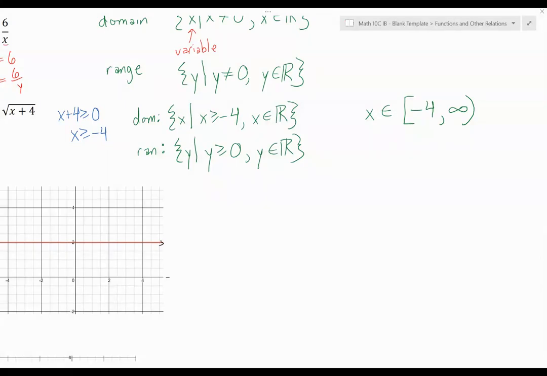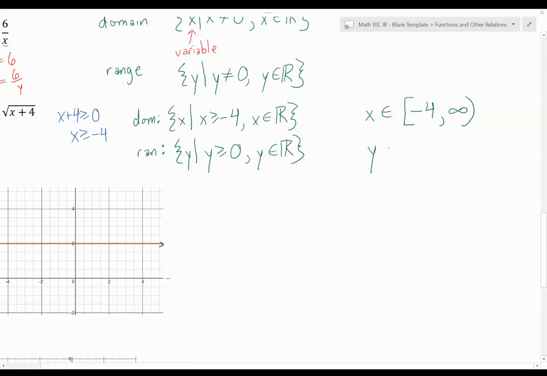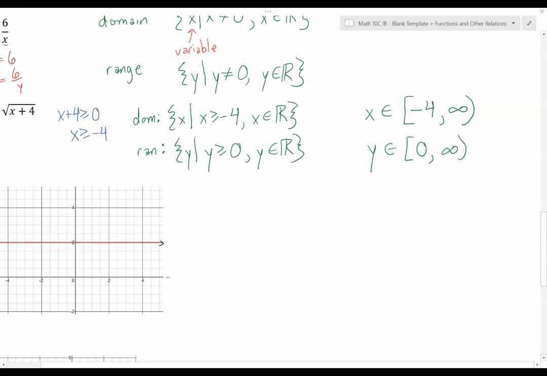The round bracket means that, well, I can never really reach infinity. And for y, then, it would be y is an element of 0 to infinity. When I use this notation, the element of the reals is implied. I don't need to say it. It is already taken for granted with this interval notation. But it tells me that x is found in between negative 4 and infinity, essentially.